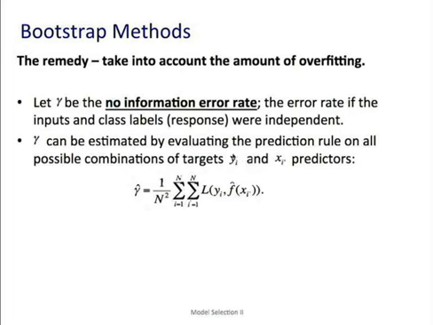Or you can think about it like this: if I've got my data and my response variable and I just start randomly permuting it, I'm breaking the signal. If I do that a lot of times and average it, here they say all possible combinations, but it's essentially a permutation. Permute it a bunch of times, test it, and whatever error rate you get is the error rate you would expect if you had no information in the data set.